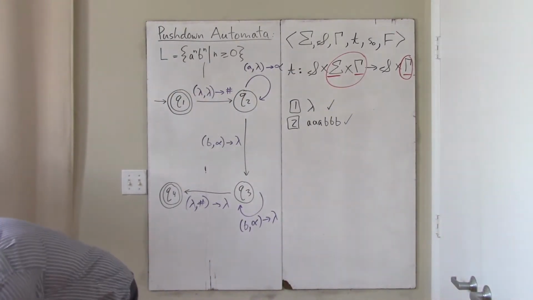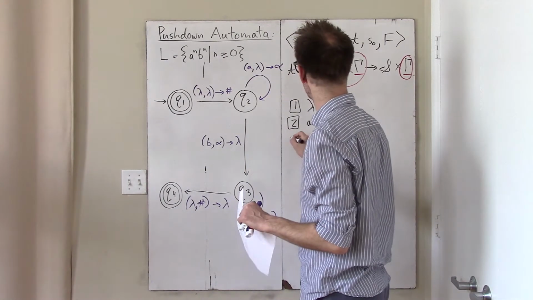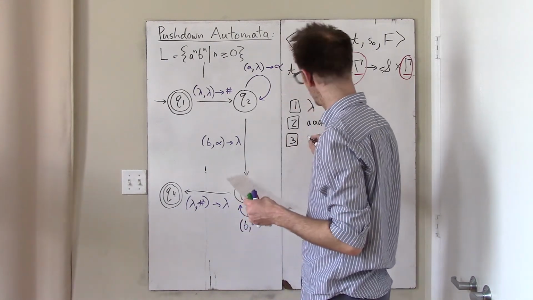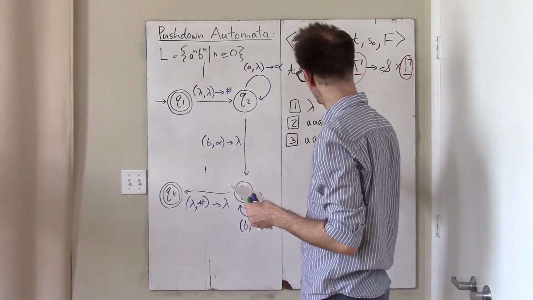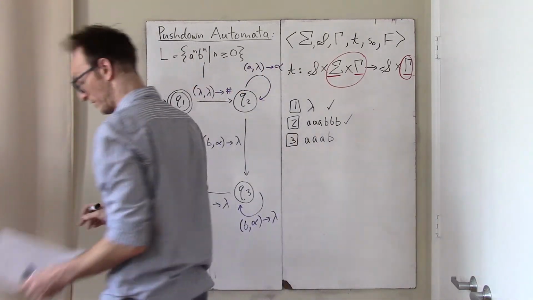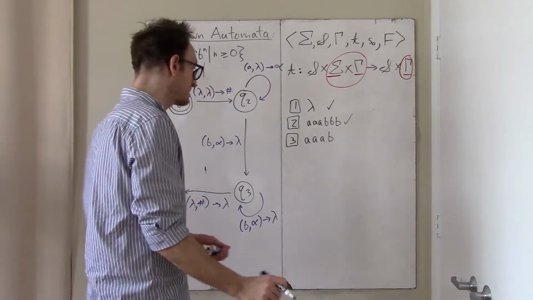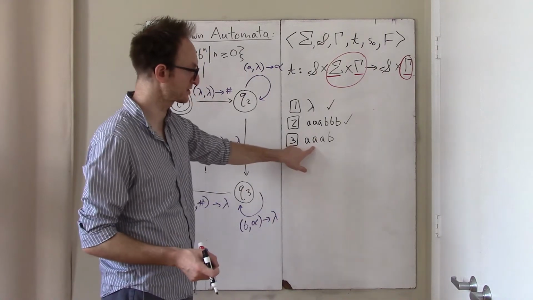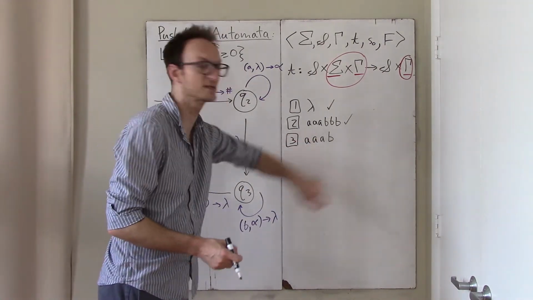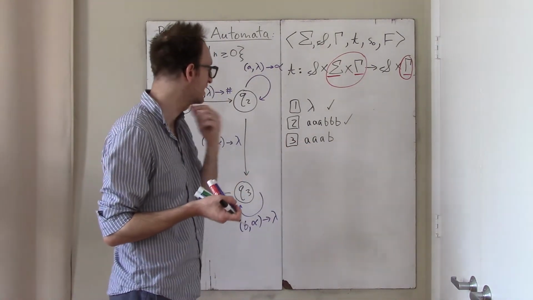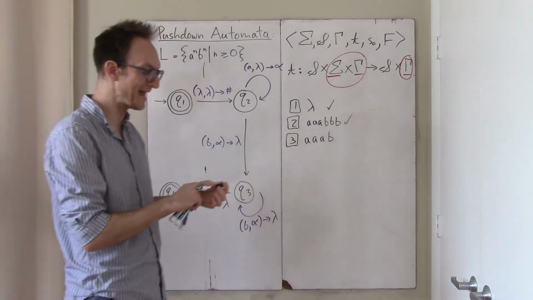Okay, good. I think that's pretty clear. Let's do one that doesn't work now. There are 3 ways that it cannot work. There's this A, B way, so let's do that first. This is the situation in which the string has all the A's followed by all the B's, but it has too many A's and not enough B's. Going a little faster now because I think we get it.